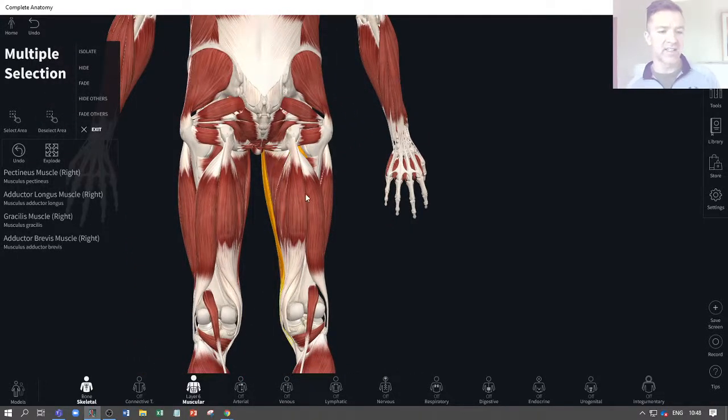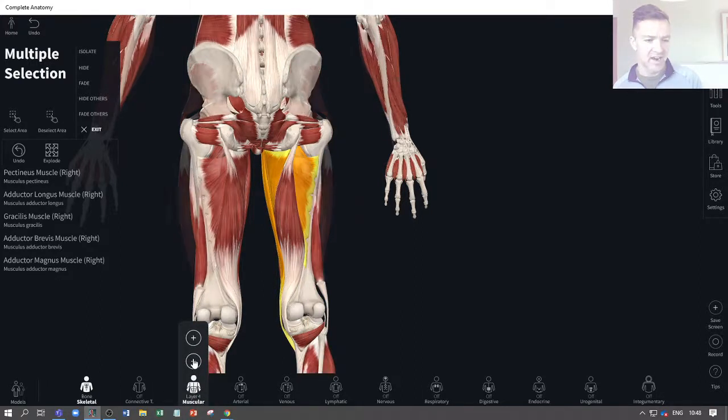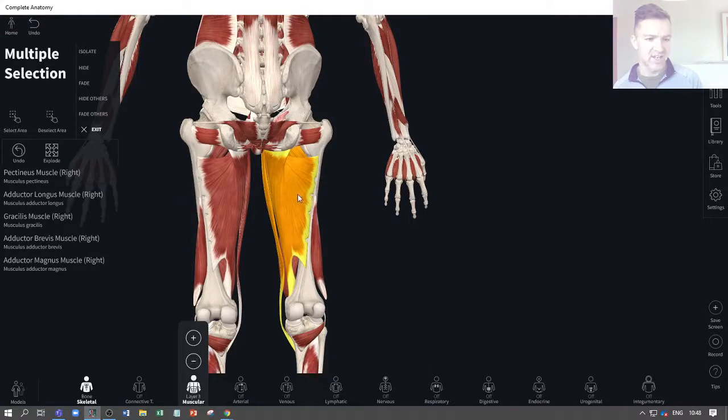Now even here it's a little bit tricky to see it, but if I highlight this guy here, we've got the adductor magnus muscle. If I strip back our hamstrings there, take away our hamstrings, our adductor magnus is this big muscle here. So you see, compared to the ones that we see from the front, that is a large muscle there. So we've got 5 muscles now in this group.